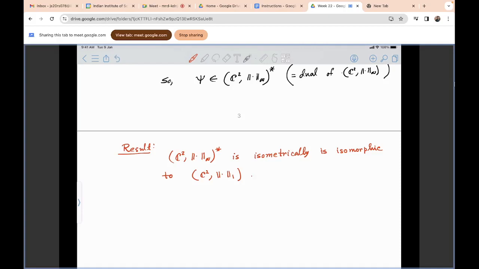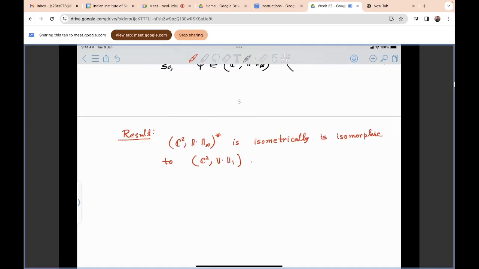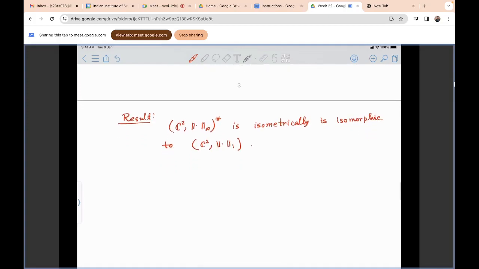So via this canonical map, this is true, and you can also check that this map, let's say T, is the map basically. This map is an isometric isomorphism.